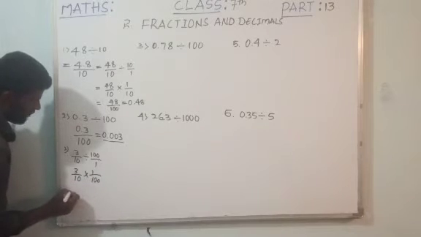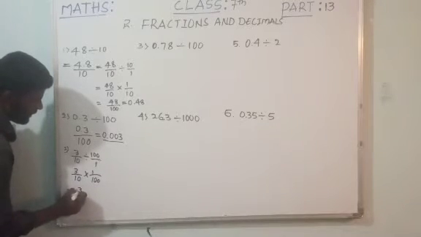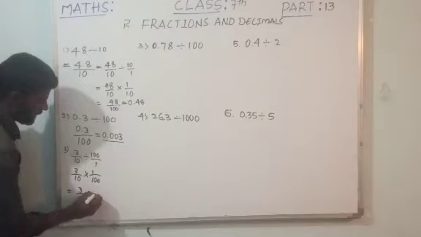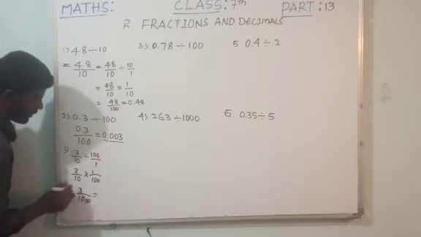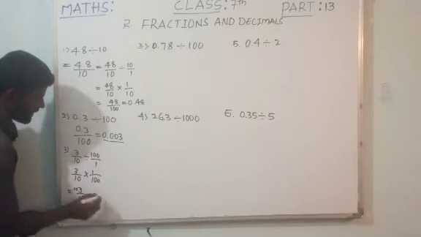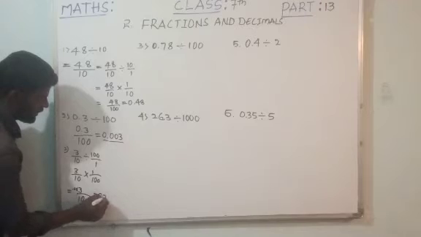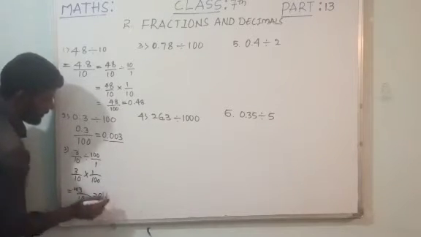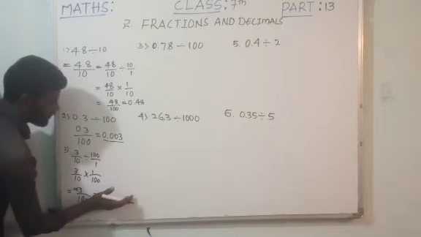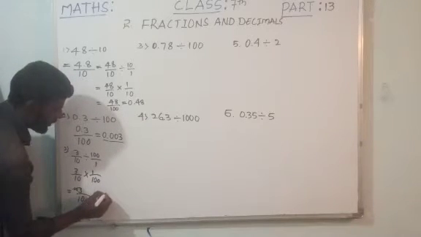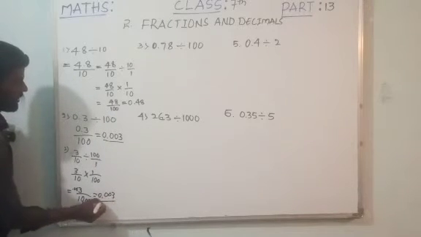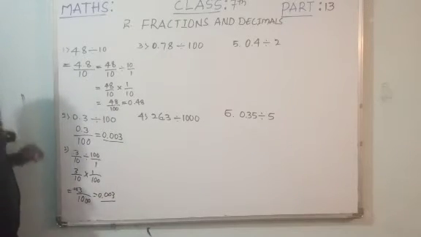Then 3 ones are 3, over 10 times 100 means 1000. That will be 1 2 3 places. The answer is 0.003. Yes, here also 0.003.